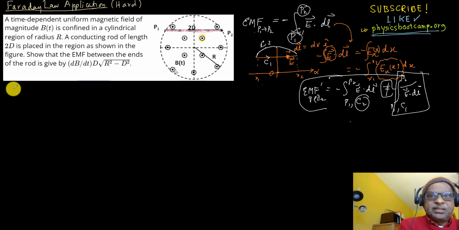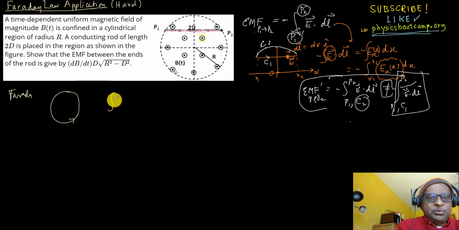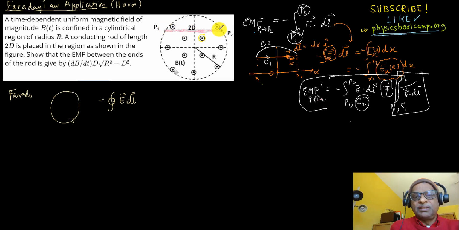So Faraday says if I take a loop, an oriented loop, and in that loop we do minus the integral of E dot dl. This is the entire loop. This is just a part of this. It's not the entire loop in the question, right? So this is the EMF in this loop.